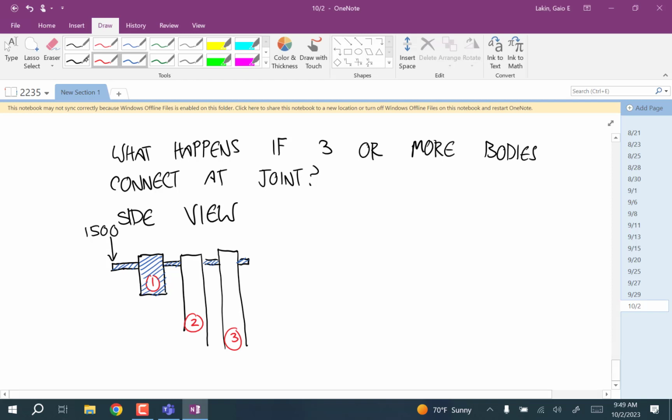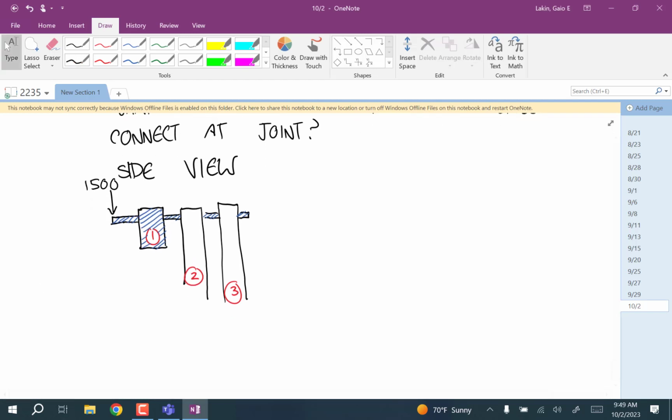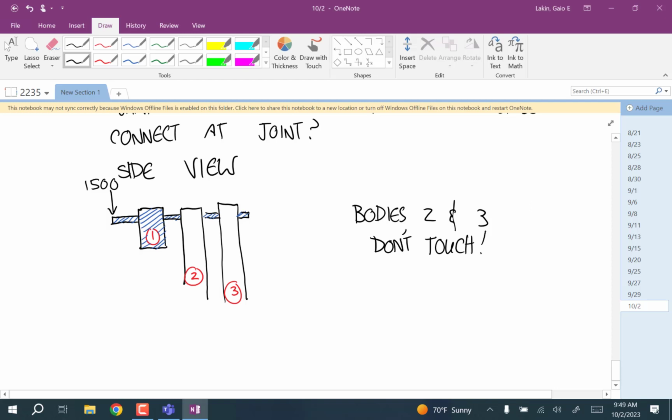Okay. And the stuff that can be really confusing that you have to be careful about is bodies 2 and 3 don't touch. Okay?